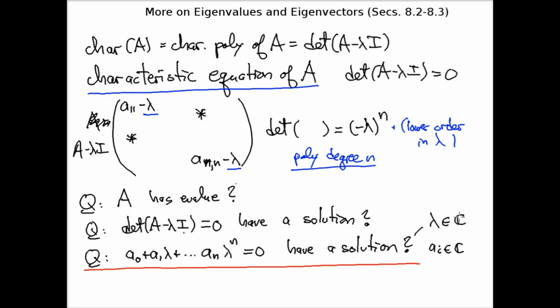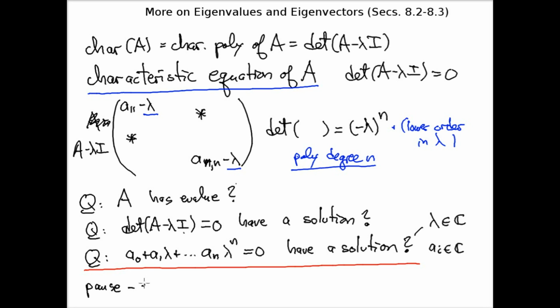And if it does, then every complex matrix will have at least one eigenvalue. So, I'm going to ask you to pause again. The question is, if you take an arbitrary polynomial of degree n with complex coefficients, does it have a complex solution?